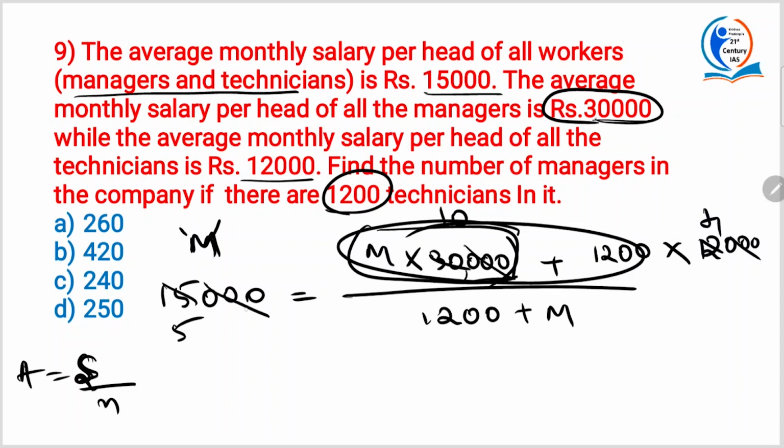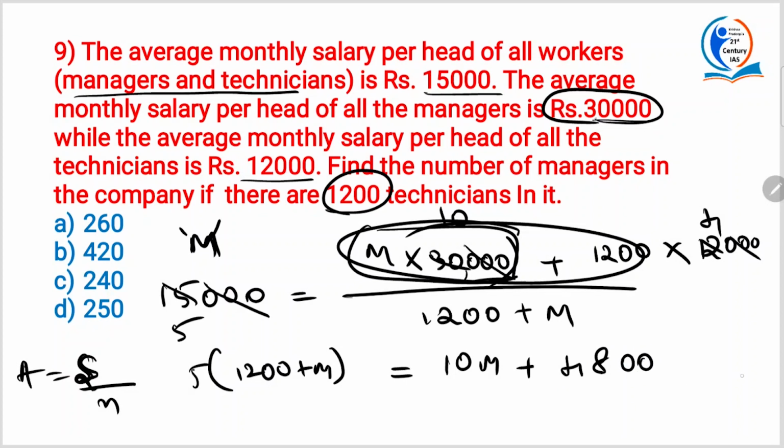So now what will you get? You will get 5 into 1200 plus M is equal to 10M plus 4 into 1200, which is 4,800. Alright. So 6,000 minus 4,800 is equal to 10M minus 5M, which is 5M.